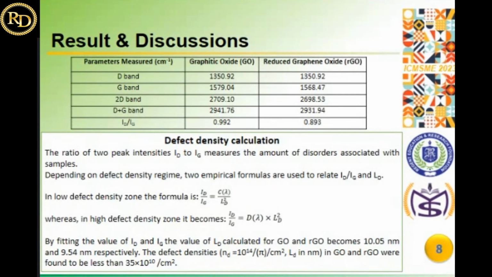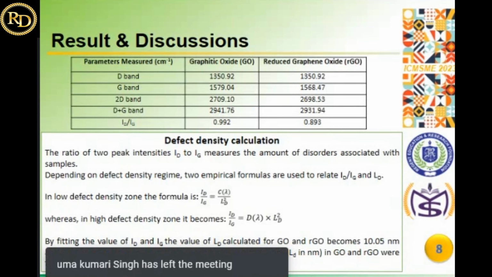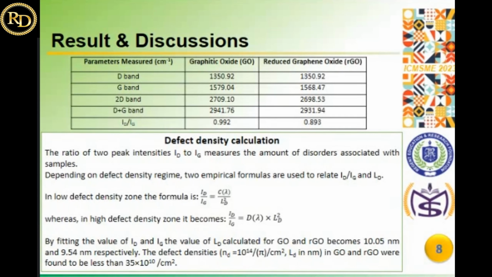LD is the distance between two defects, the length between the two defects, given in nanometers. There are different equations for ID by IG for low defect density zones and for high defect density zones. LD is the average distance between the defects, and C lambda and D lambda are constants.